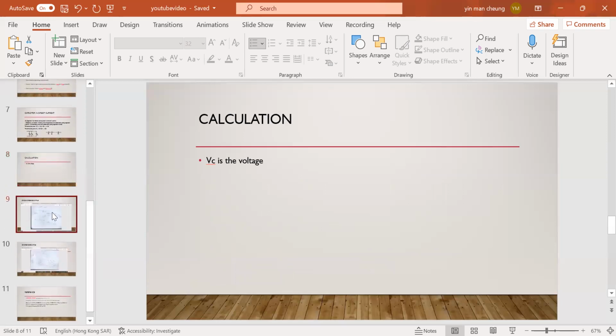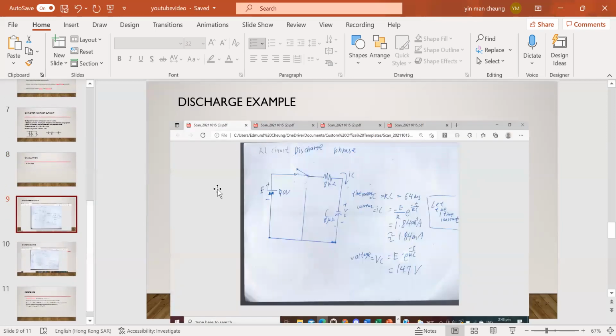Okay, we will have some examples for calculation. First, this is a discharge phase, and we want to know about the VC, the instantaneous voltage at that time and the instantaneous current at that time.